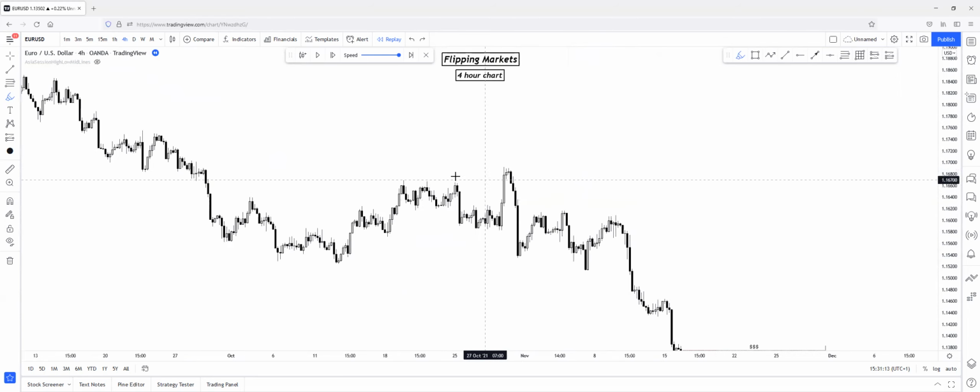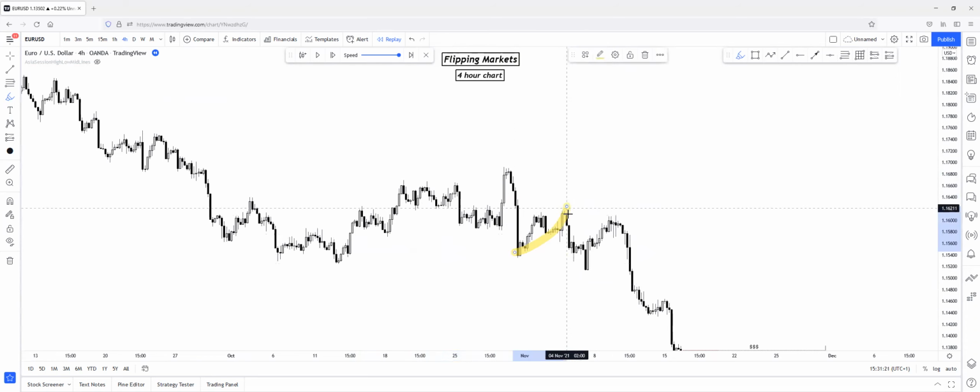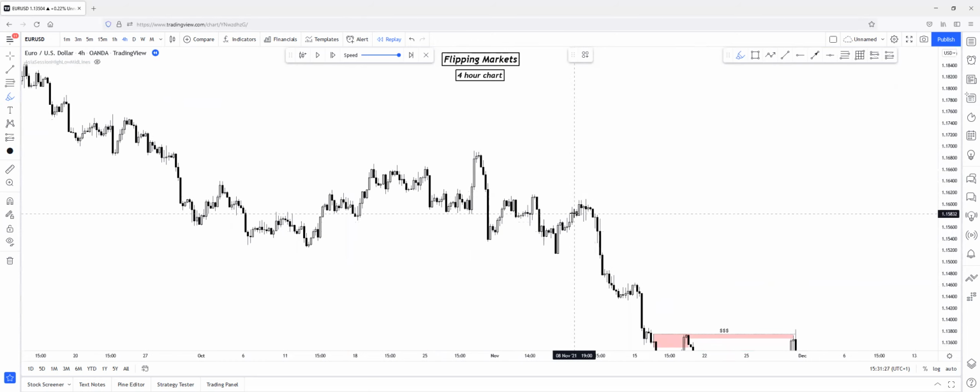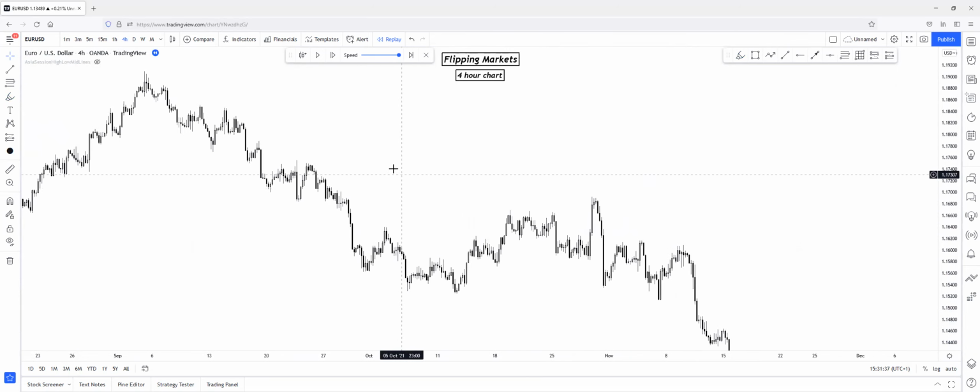All of the downside movements are huge, inefficient, high volume movements, breaking structures and sweeping liquidities. And all of the upside movements are just small pullbacks with no inefficiency, no volume. So all of the downside movements are huge, inefficient movements, and all of the upside movements are small pullbacks. And this is our pattern right here. We are looking for short opportunities.